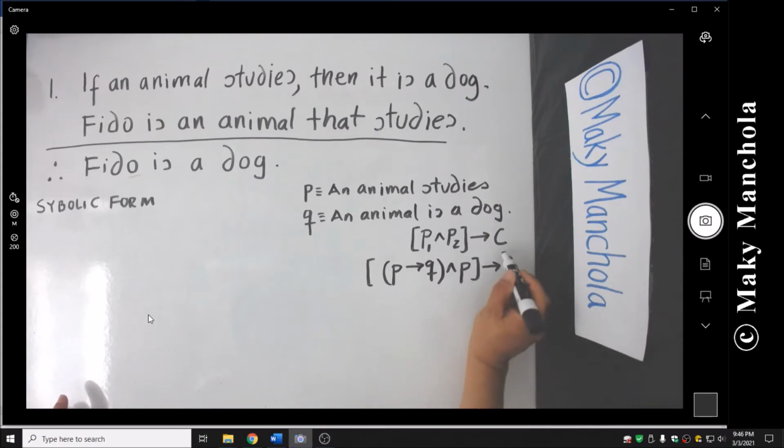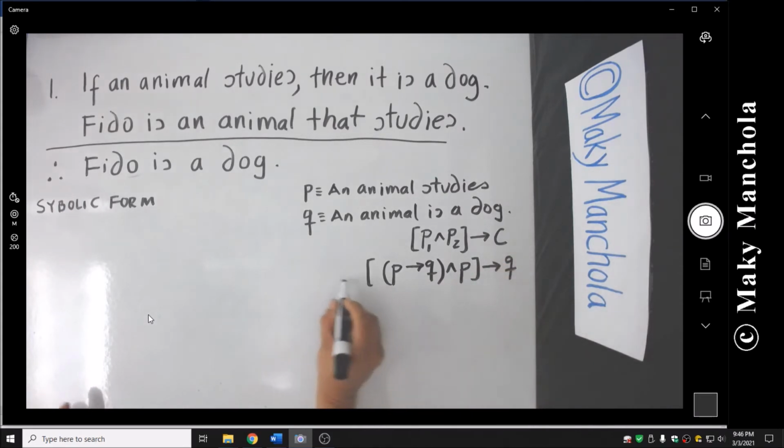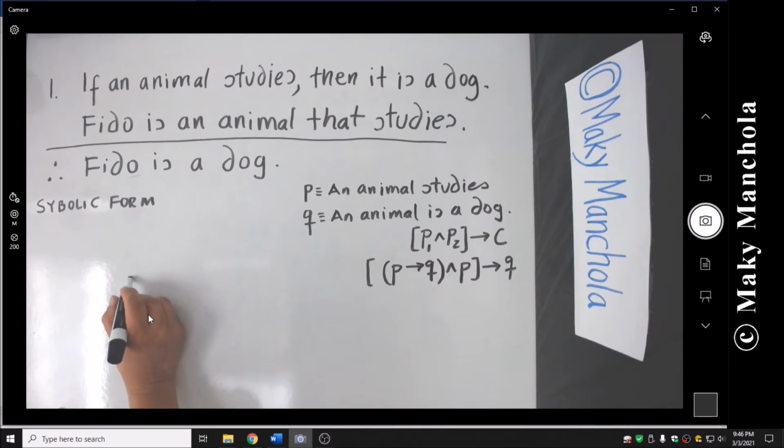There are two components, P and Q. So we're going to come up with all cases for P and Q. So P, Q.